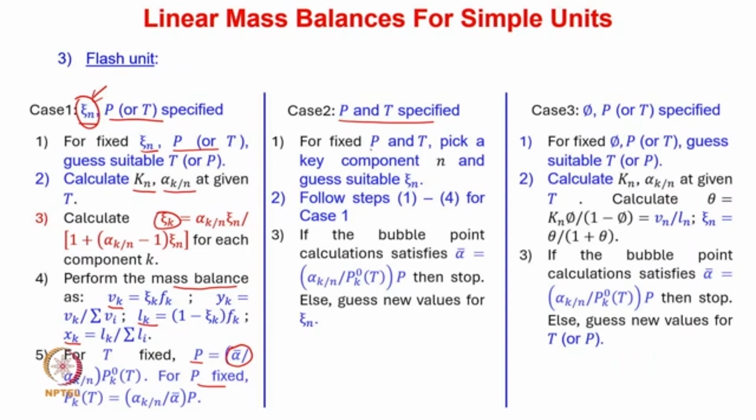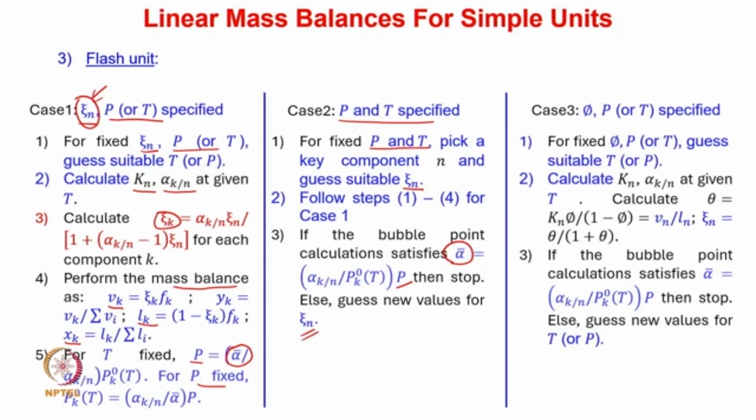So in this case, once we take p and t fixed, we assume the starting value of the split fraction of the key component, and with that again we repeat these steps 2, 3, 4, and then finally again we calculate the average value of relative volatility, and based on that we again back calculate pressure, and we check whether this particular pressure and temperature are satisfying or not.